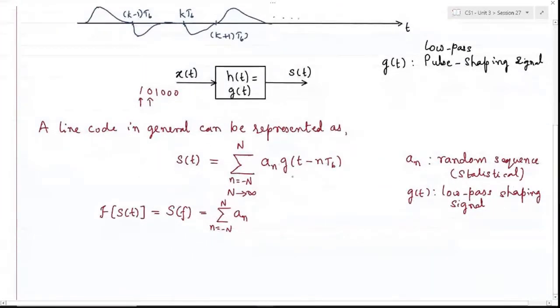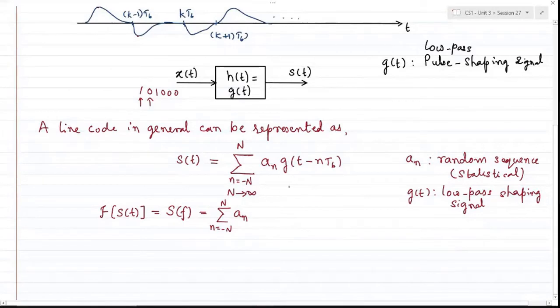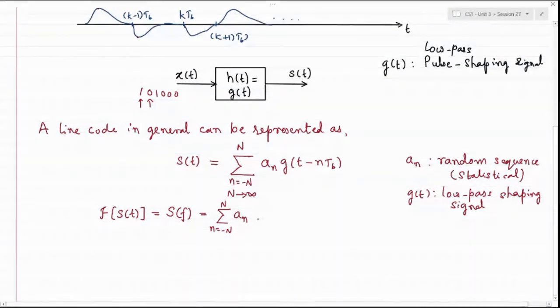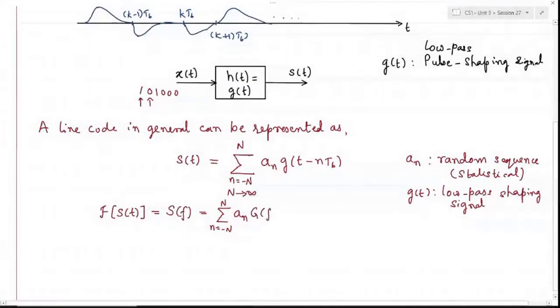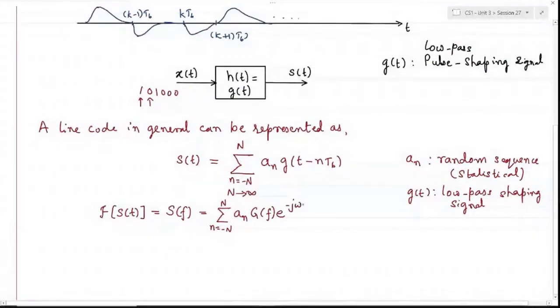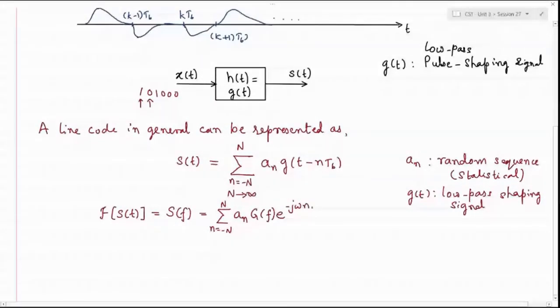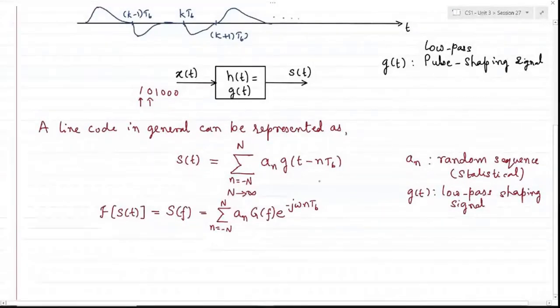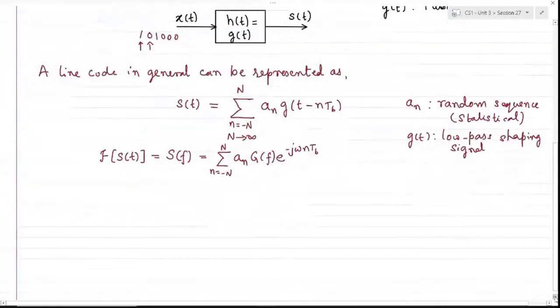That's g of t, a low pass shaping signal. So as we know from the properties of the Fourier transform, this is simply G of f times e power minus j omega n Tb, using the time shifting property of the Fourier transform.